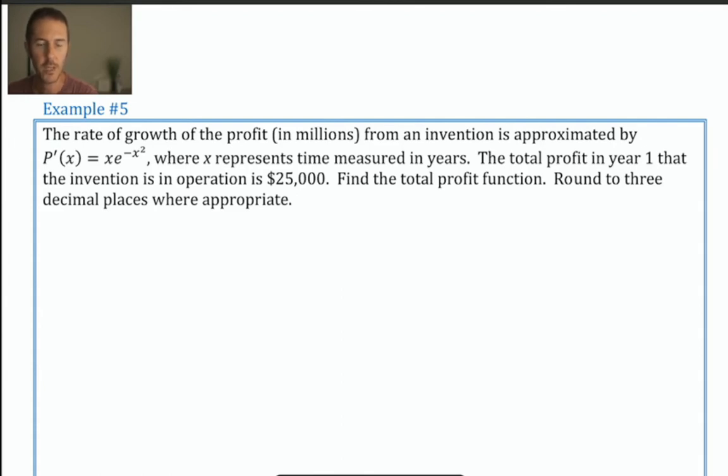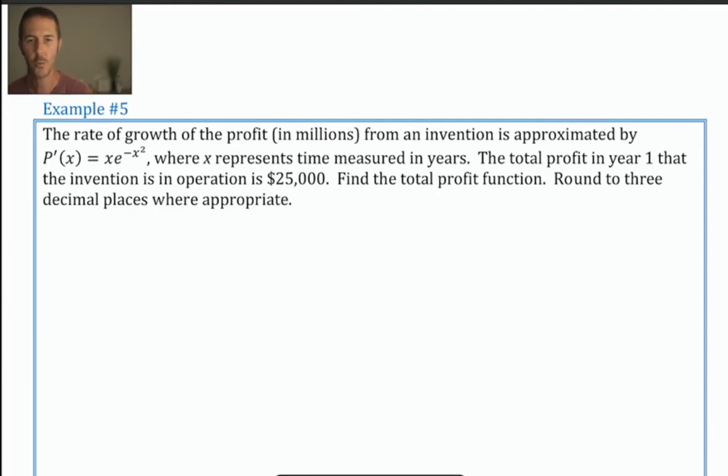What you're seeing here is p prime of x, the growth rate function, the rate of growth of profit. That's like saying rate of change, which is the derivative. So we're looking at the derivative of the profit function. And x represents time measured in years, and the total profit in year one that the invention is in operation ends up being $25,000.